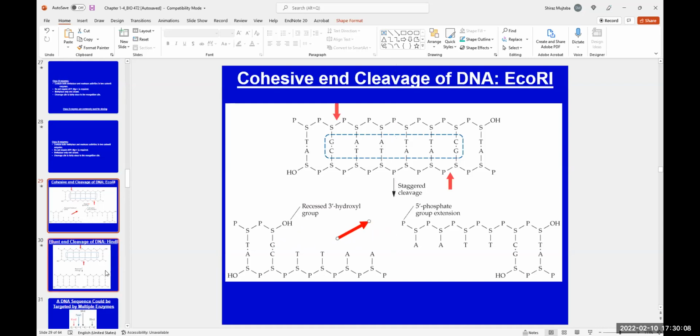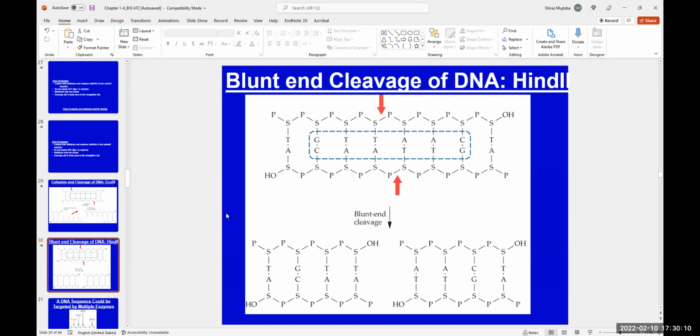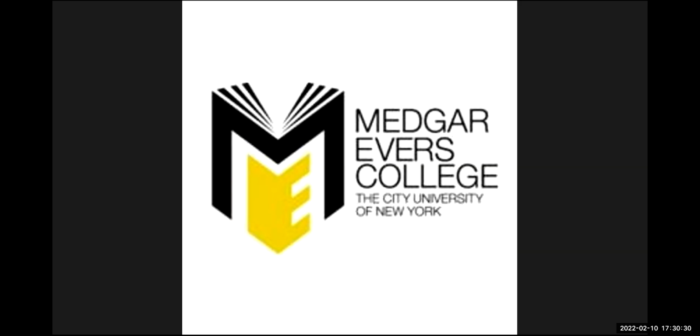So let's look at a different kind of picture. Here, the phosphate and the sugar bond is broken and it generates OH on the sugar and the phosphate. Now here I would like to add one more category.